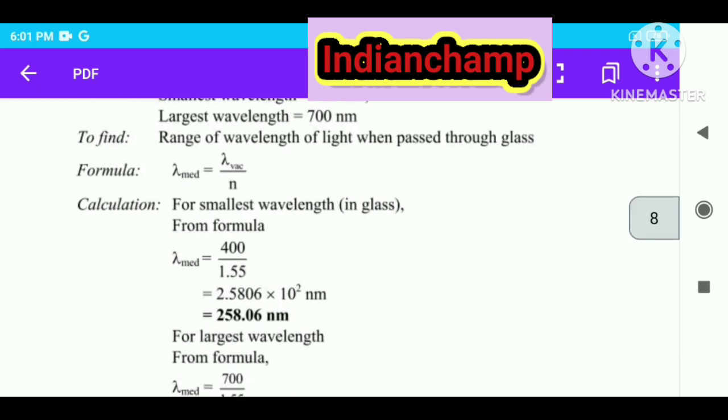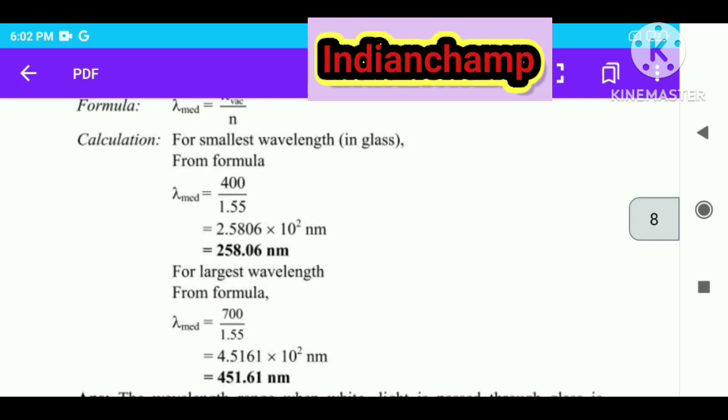Calculation for the smallest wavelength in glass: lambda medium is equal to 400 divided by 1.55, which is 2.5806 into 10 raised to 2 nm, equal to 258.06 nm.